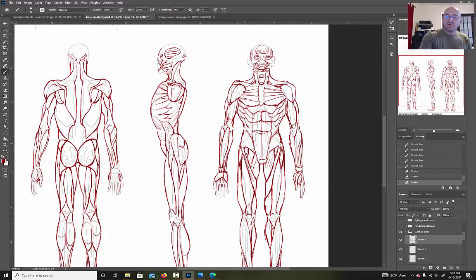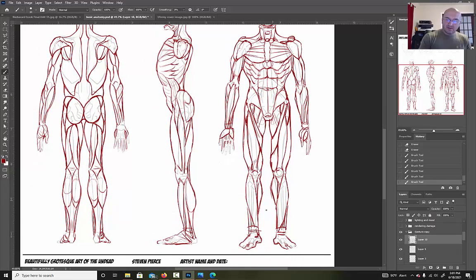You've got sternal notch, AC joint, sternum, pelvic bone, kneecap, and then the heel where the Achilles tendon runs up.